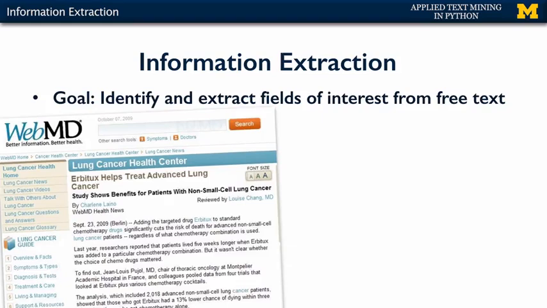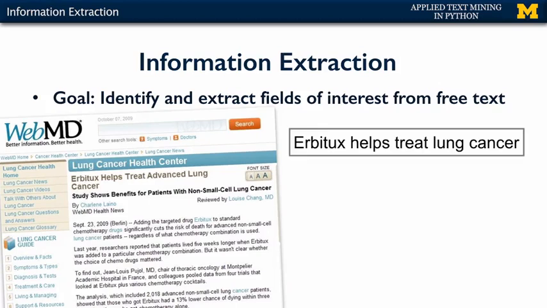So let's take an example of a medical article. This one is from WebMD from quite some time back, but it says Erbitux helps treat advanced lung cancer. By looking at this, you know that one of the pieces of information that you want to extract would be the headline, but more importantly also the components of that, saying that Erbitux is a particular treatment for lung cancer.